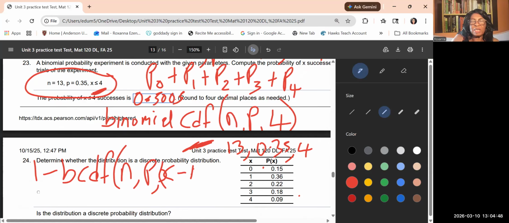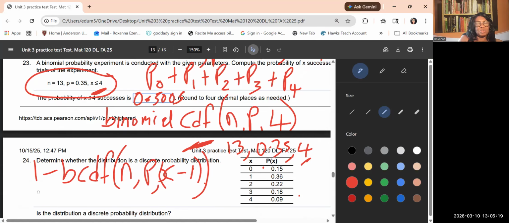Why? Because if I subtract 4, I have changed the question, because actually I am told to cumulate from 4 to 13.